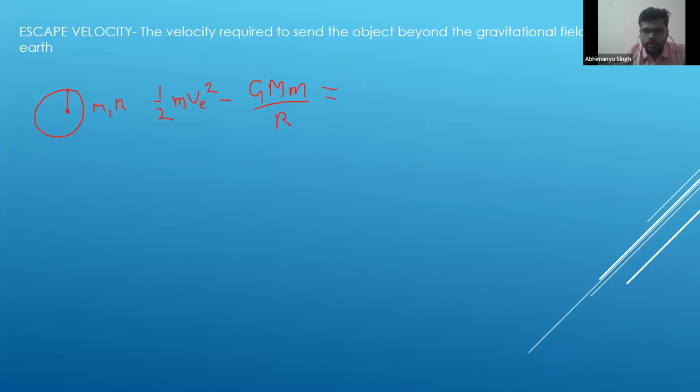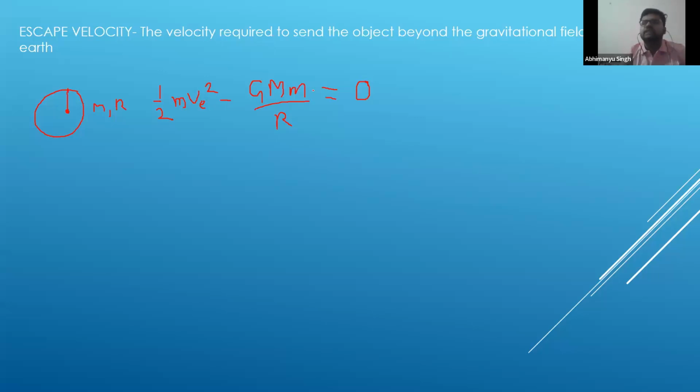This is equal to zero, because when it reaches that point, Earth's gravitational field no longer acts, and we assume that there is no other field. So its potential energy turns out to be zero, and we are considering the optimum case, the bare minimum velocity needed, so that it reaches there with zero velocity.